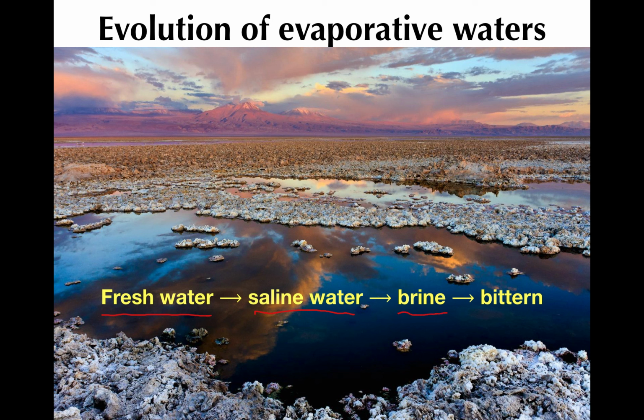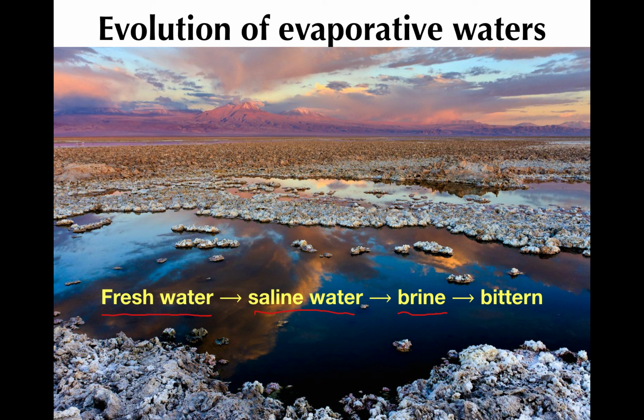And a brine is a supersaturated aqueous solution containing lots of salts. As salts become more and more concentrated in a brine, the water becomes more and more difficult to evaporate, but it becomes a lot easier to precipitate minerals from it.